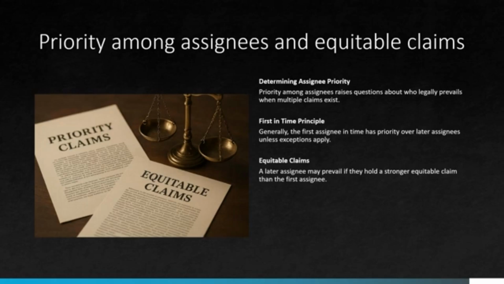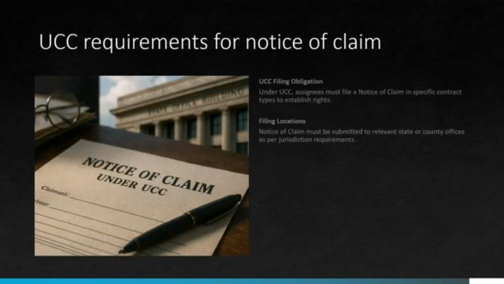So generally the first one to get the assignment is the one that actually has it if there's an issue. And if it's a UCC situation, it requires assignees in certain types of contracts to file something called a notice of claim with the state or county. And that will be filed so that other people know there's a notice of claim.